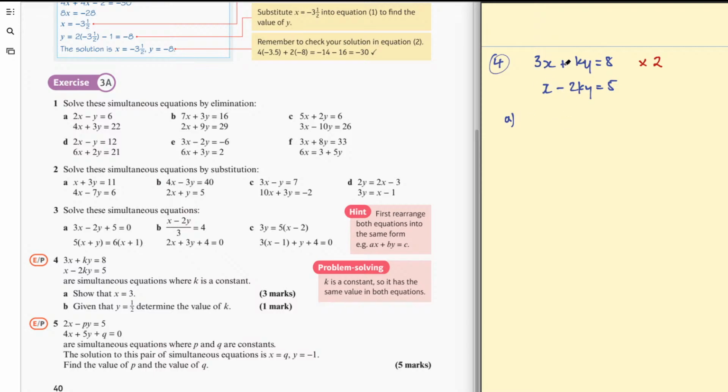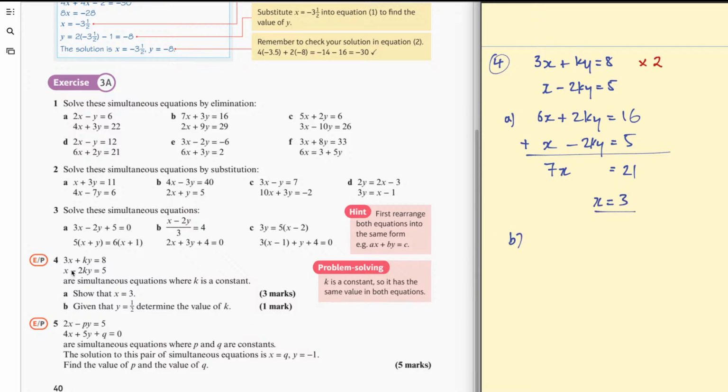So multiplying the first equation by 2, the whole thing, not just the coefficient of x like I did before, this will be 6x plus 2ky equal to 16, and then we want to subtract x take, add, because the signs are different, add 2ky equal to 5. This will be 7x, 2ky take 2ky, they disappear. 16 plus 5 is 21, and then we've shown x equals 3.